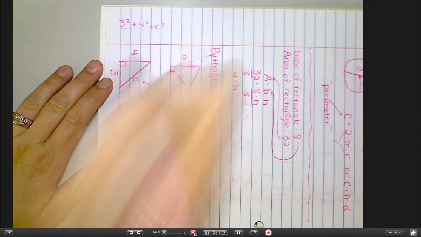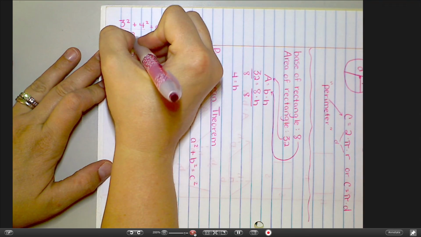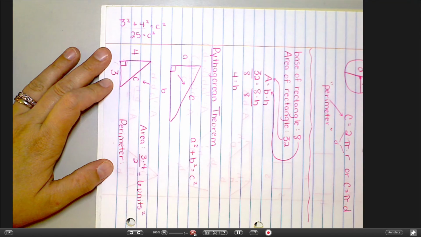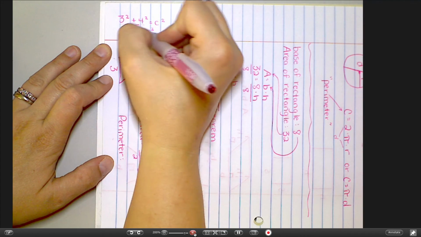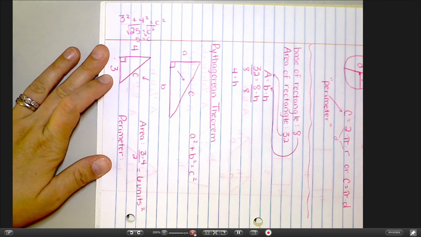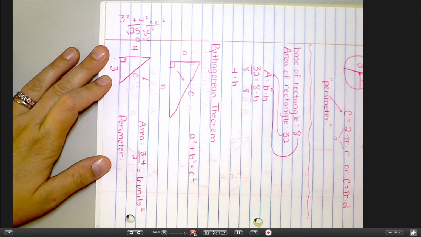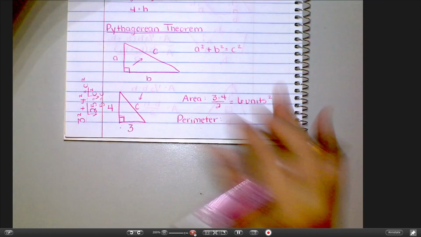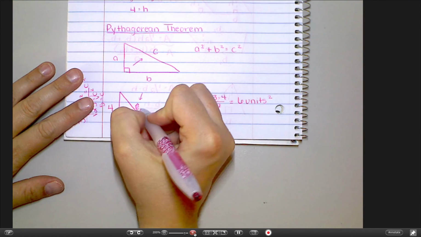I'm going to put that right in my calculator, and I get 25 equals c squared. And then I have to take a square root, right? So square root there, and I get 5 for c. So now I know that this side length is really 5.